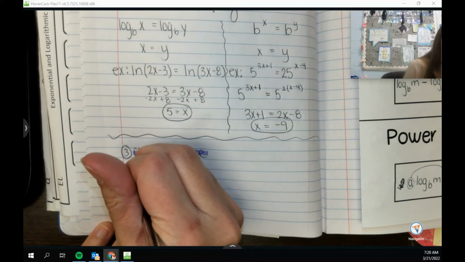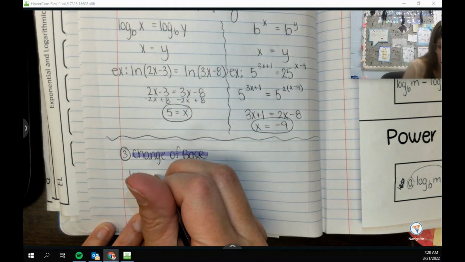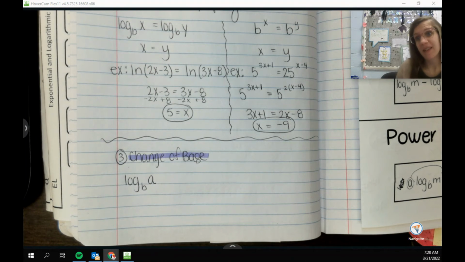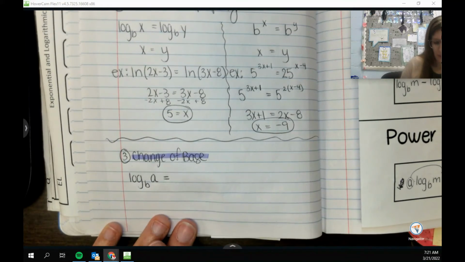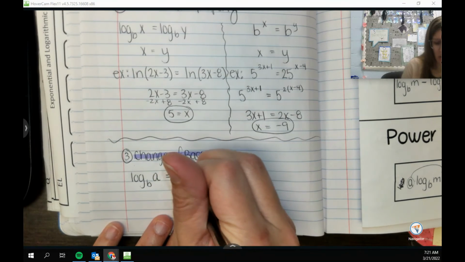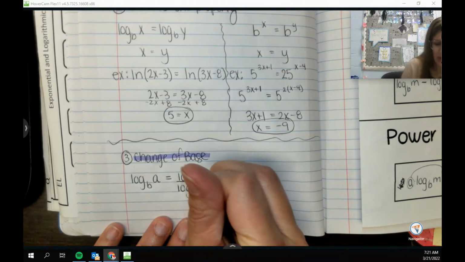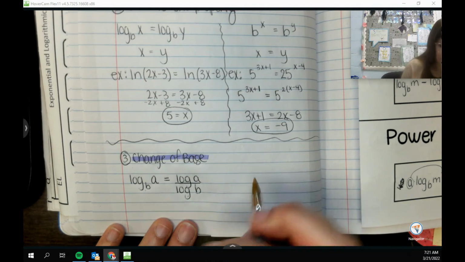So if I had log base b of a, and that base is not 10 or e, and you need to do it on a TI calculator, then the way I change the base is I do log base 10 of a divided by log base 10 of b. So really your base just goes to the bottom and you're dividing.